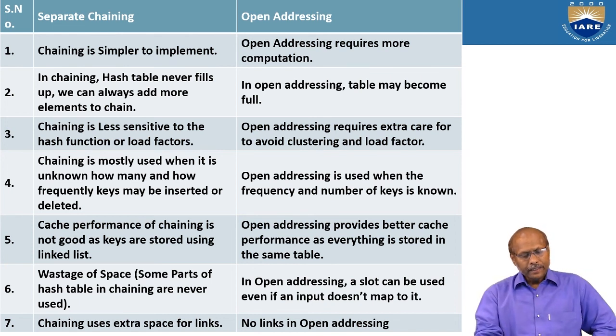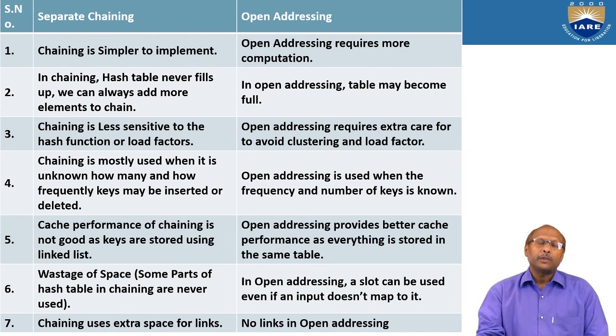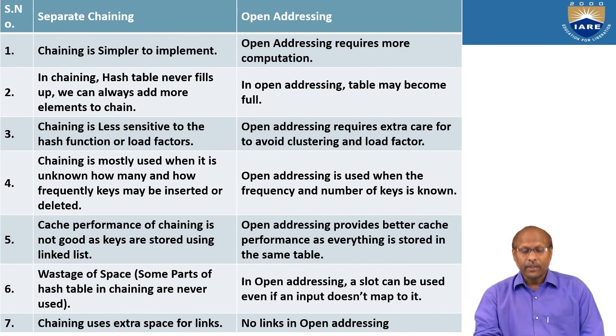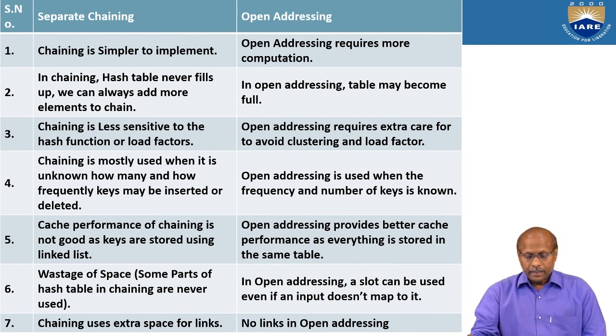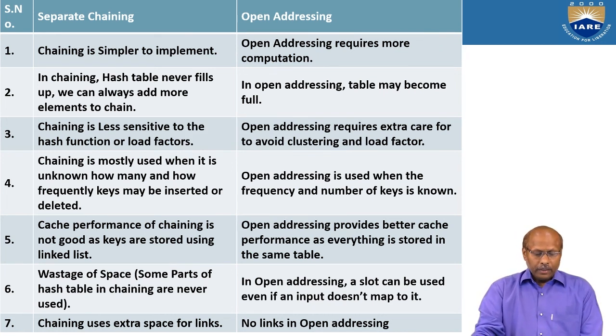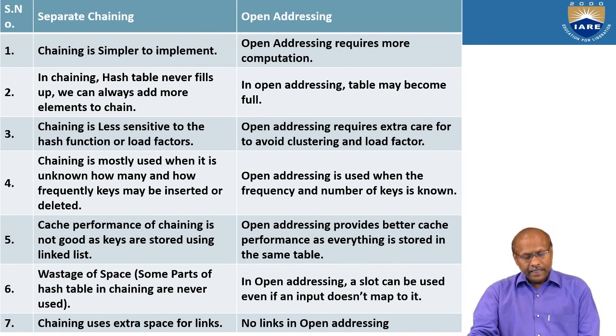And the sixth difference is that in chaining there is a wastage of space because it maintains links for everything. In open addressing, a slot can be used even if the input does not fill up. Chaining uses extra space for links, whereas no links are used in open addressing.